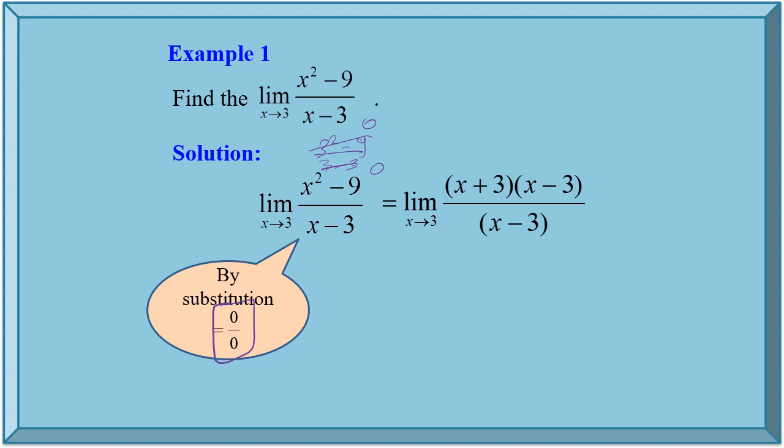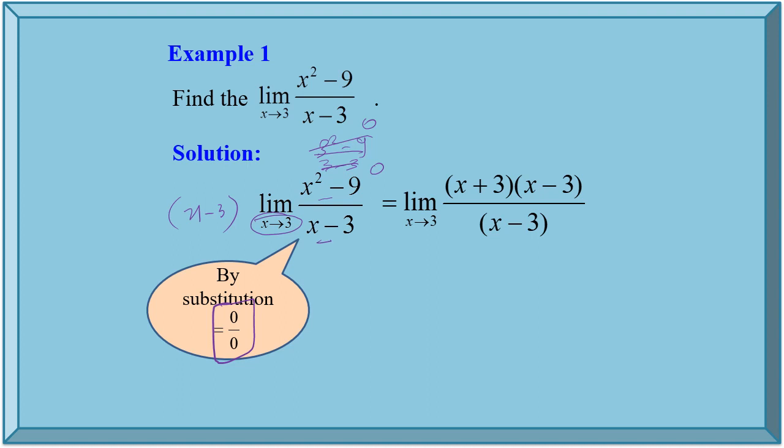So because we have this situation, we have to apply the factorization method. As x approaches 3, it will get 0 for both numerator and denominator, which means that x minus 3 is the factor, right? So we can factorize both x squared minus 9 and x minus 3 with x minus 3.